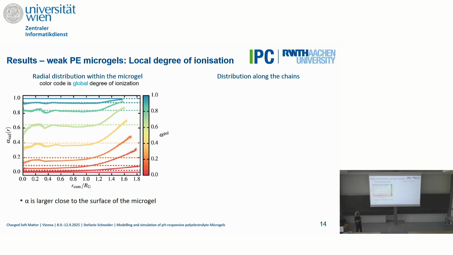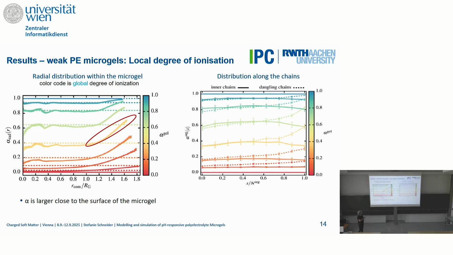So if we go from the center of mass of the microgel to the outside, you see that at the center of mass, you have a slightly lower ionization than outside. That's also due to the connectivity of the network. Also, Peter has done some simulation of star polymers, so the loose ends are more easily ionized.